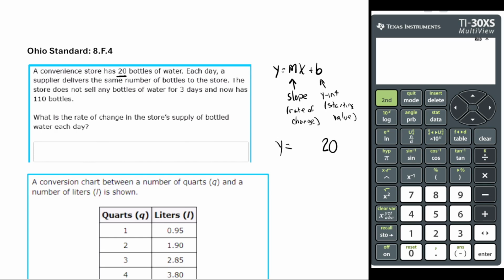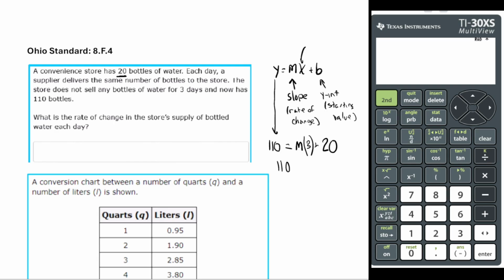And we know that after 3 days, we have 110. There's a variety of ways you could do this problem. One way I like to approach this is I know that after 3 days I'm going to be at 110. We don't know the m, and we know that x, which represents our number of days, is 3.